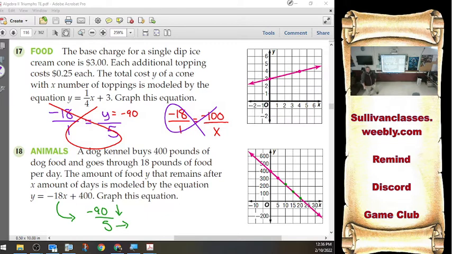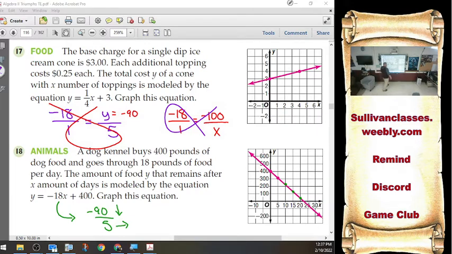Negative 100 divided by negative 18. 50 over 9 or 5.5 repeat. Oh, 5 and 5/9. Okay.